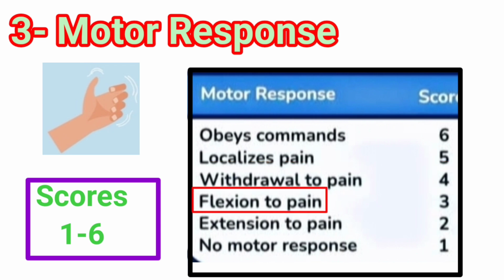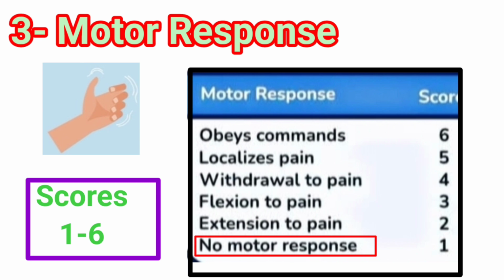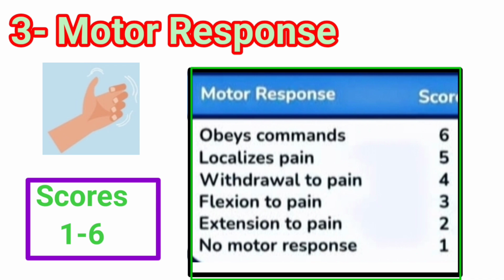When they show flexion to pain, which is an abnormal posture, they will get 3. A score of 2 indicates extension to pain, another abnormal response. And finally, if the patient has no motor response at all, they will get a score of 1. This category reflects the integrity of the motor pathways in the brain and spinal cord.